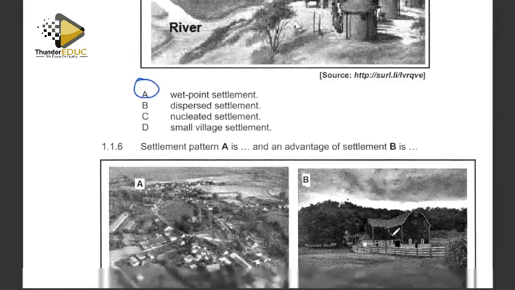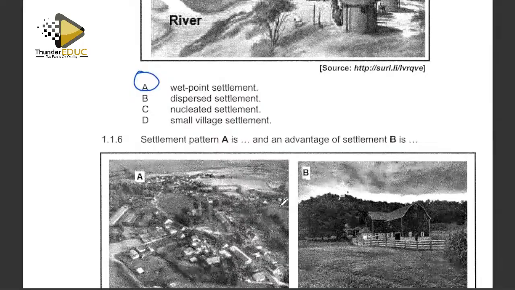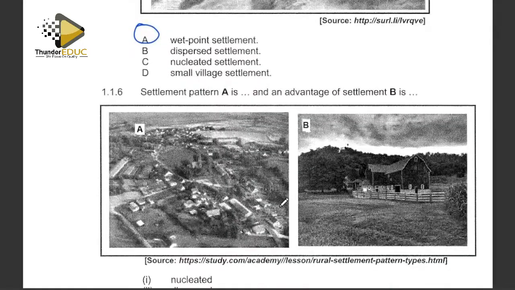All right, we move on. A settlement pattern A is dash, and an advantage of settlement B is. If you look at settlement A, you can see that the homesteads are closer to each other.